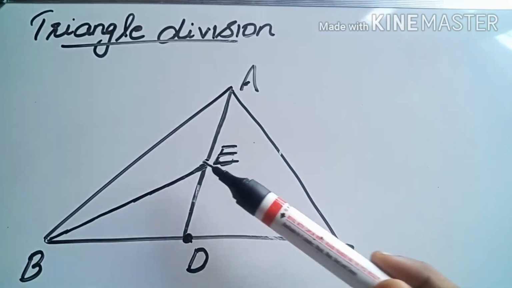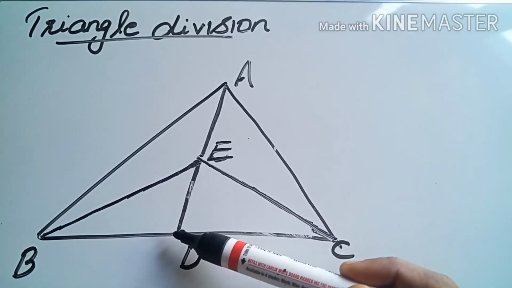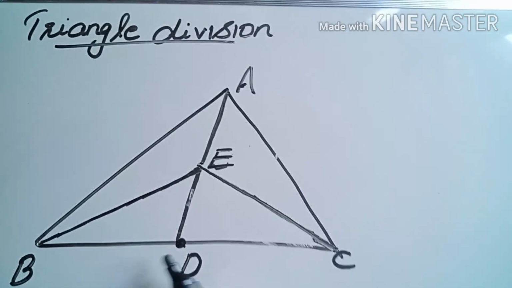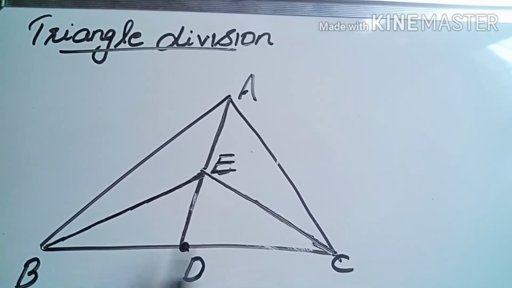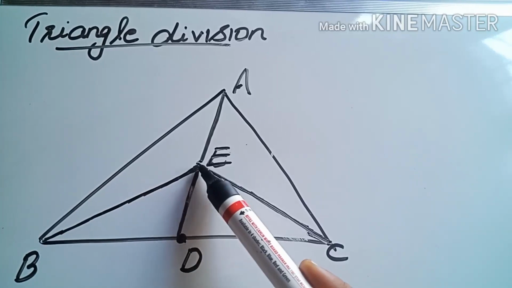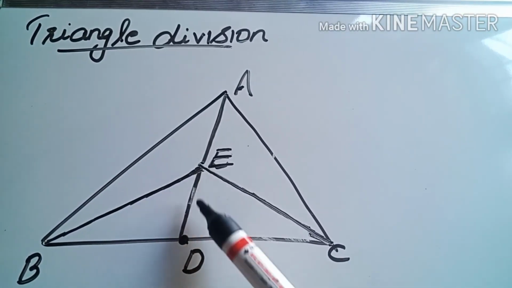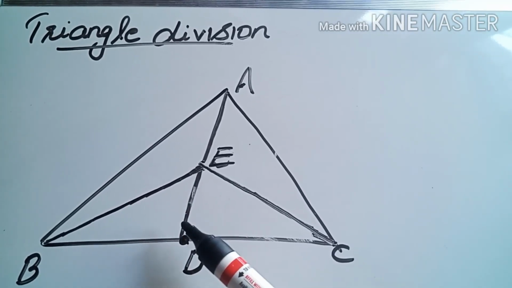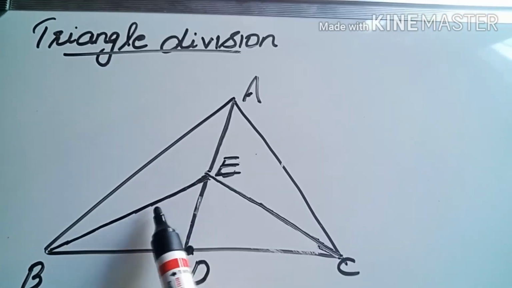Now consider this line DE. Here also D is the midpoint, so these two bases will be the same, and from this point E the height will be the same. Then also we get that these two small triangles have the same area.